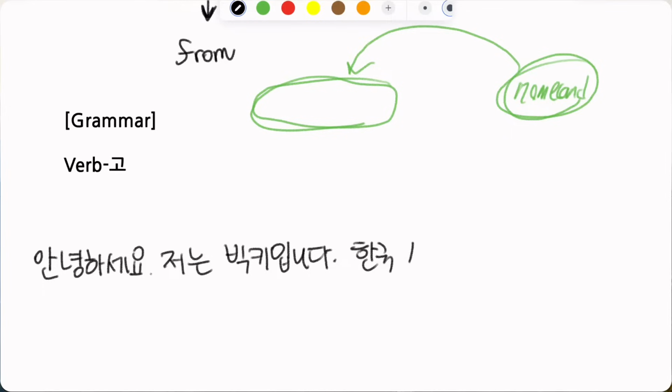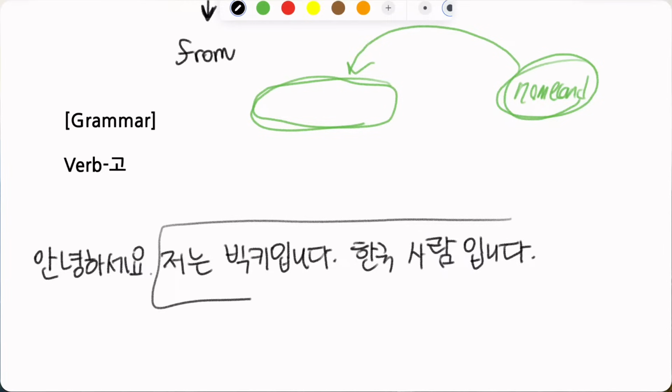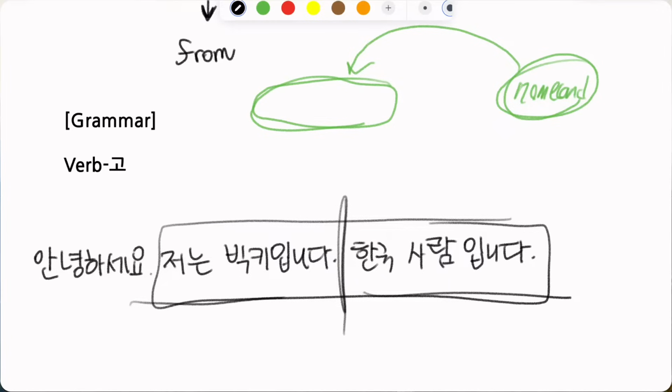So you guys can understand these basic information about myself. But let's go further and combine 저는 비키입니다 and 한국 사람입니다. So it is okay to separate these sentences, right? There's no problem at all. Grammatically, semantically, no problem at all.